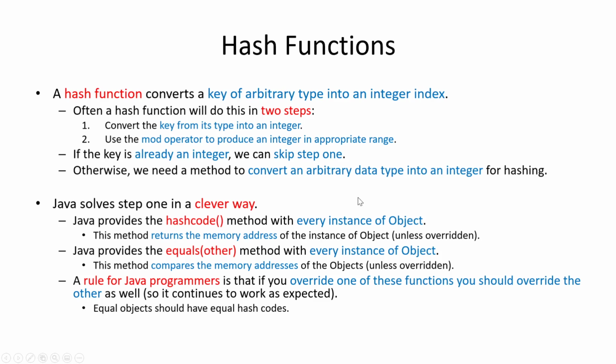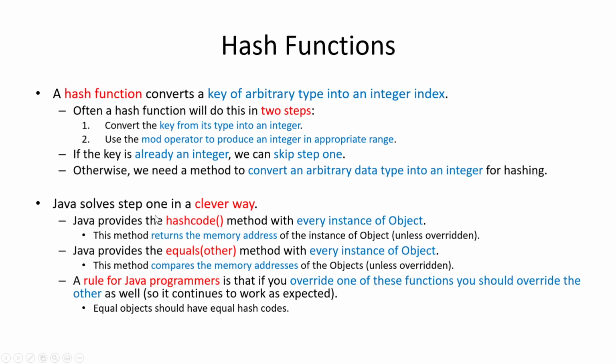But another couple methods that are attached to Object are the hashCode method and the equals method. And these actually do have implementations already built in for any object. So there's an interesting case here: what hashCode is doing for us is performing step one. It's converting the object into an integer.